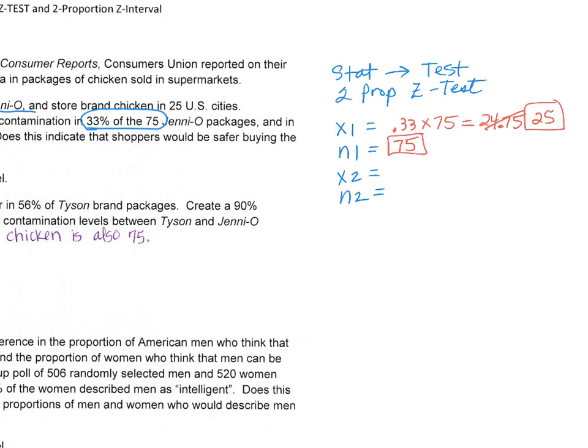Okay, how would you do the second group? 0.45 times 75 is 33.75, and you cannot have 33 3/4 packages that are contaminated. So you have to round appropriately to 34 out of 75, okay? Otherwise, you will get an error because you have to have a whole number of successes. Yes?